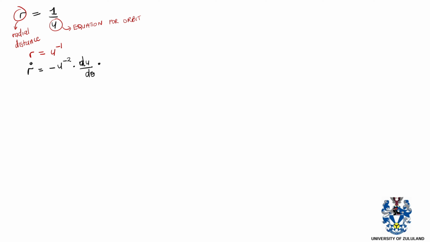Then we end up differentiating theta with respect to time. That will be your last expression. So to express this, we say this is times theta dot. We have just differentiated theta with respect to time, d theta dt. So now to express this properly, r dot, which is the first derivative of r, will be given by negative 1 over u squared.